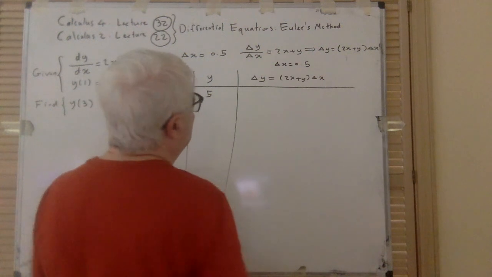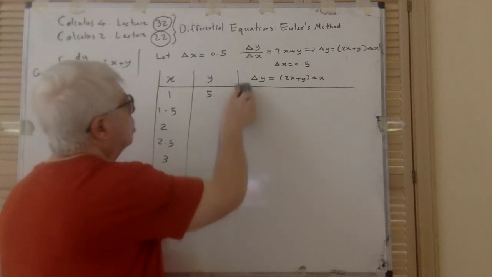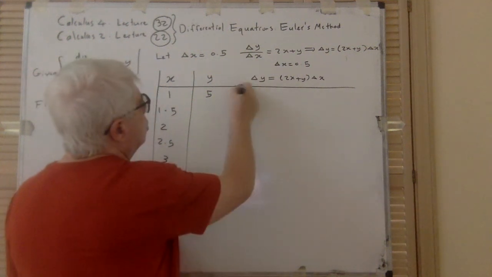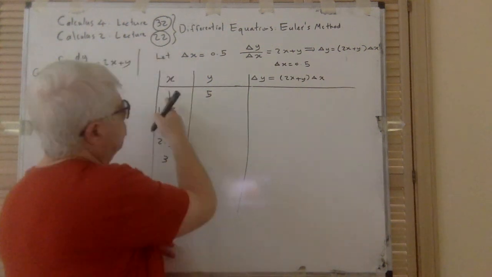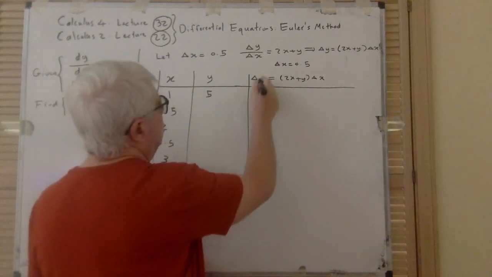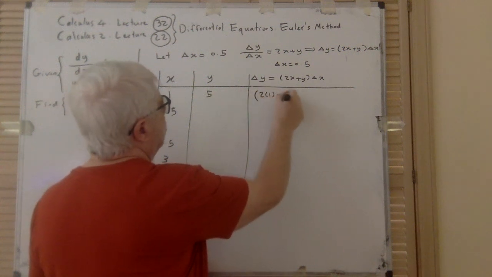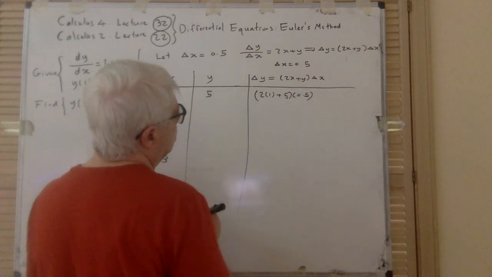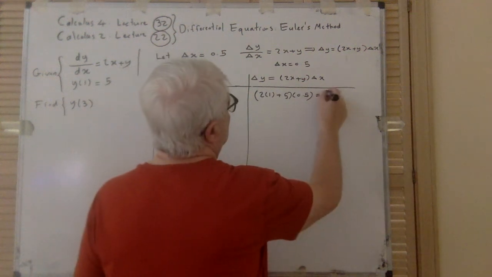Okay, well, I need some more space here. For this 1 and 5, delta y will be 2 times 1 plus 5 times 0.5. So that will be 7 times 0.5, which is 3.5.